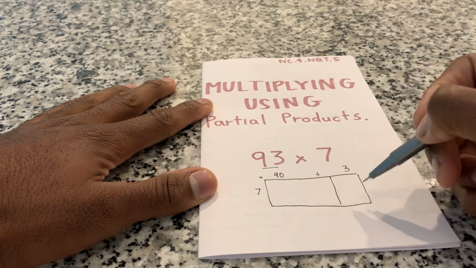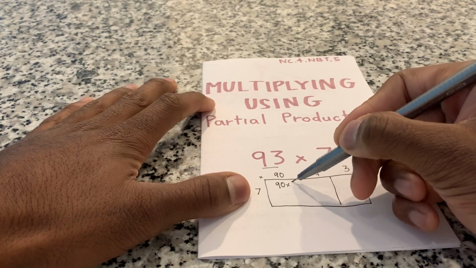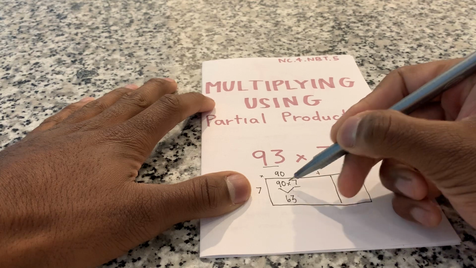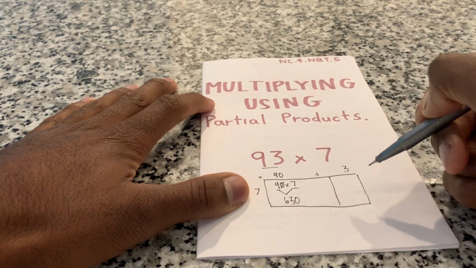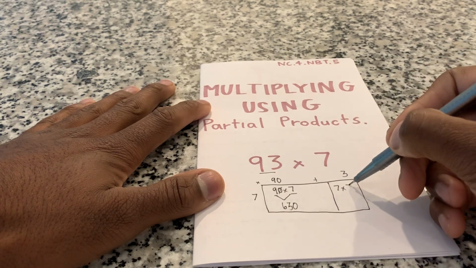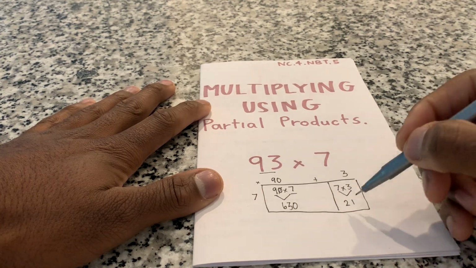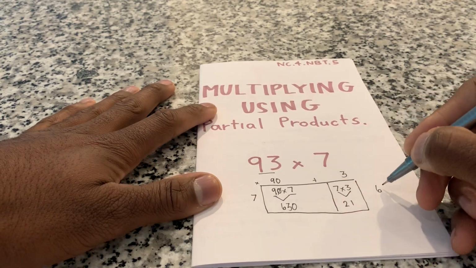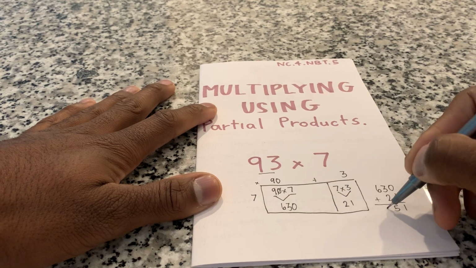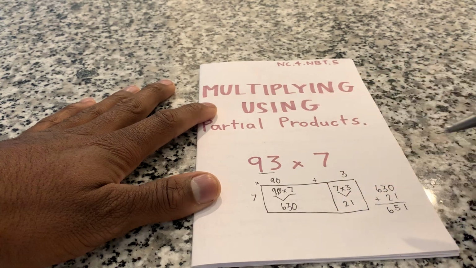We partitioned our rectangle and found the length, which was 90, times the width, 7, to get 630. We did the same thing for this small rectangle. This was our partial product. This is our other partial product. And we added both of our partial products together to get the product of 93 times 7.